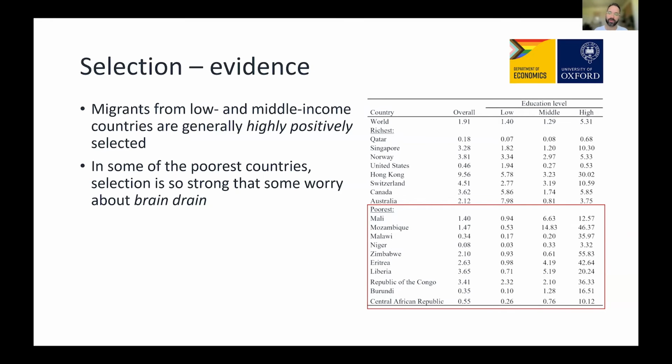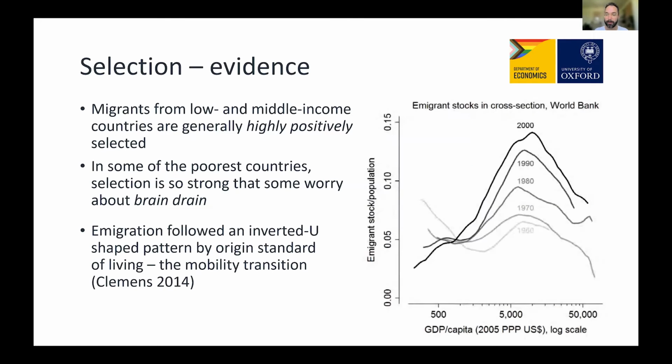Now, this pattern doesn't persist throughout the income distribution of countries. In fact, what you see is an inverse U-shaped, a hump-shaped distribution, where in the very poorest countries here on the left, very few people emigrate. Then in the middle income countries across all the different decades, people start to emigrate more.